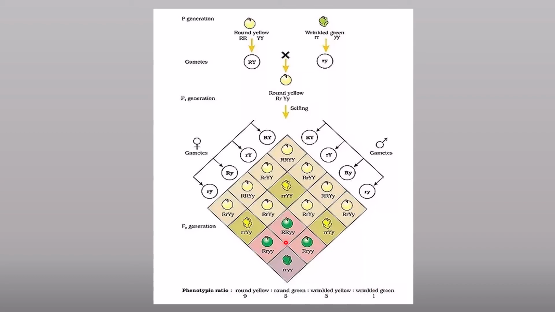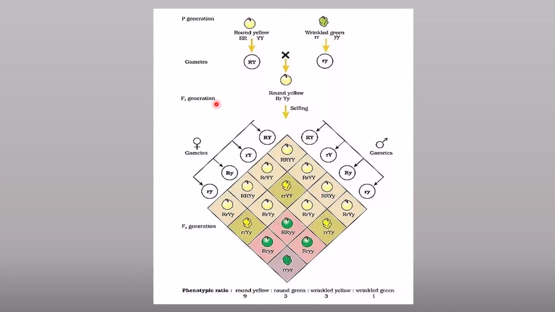The outcome of this dihybrid cross makes it clear that the segregation of seed color is independent of the alleles responsible for the seed shape. So as a result of this independent assortment of genes, there is appearance of parental characters as well as new combinations of characters.